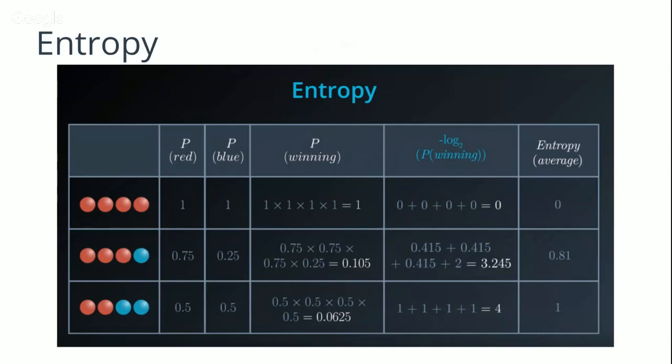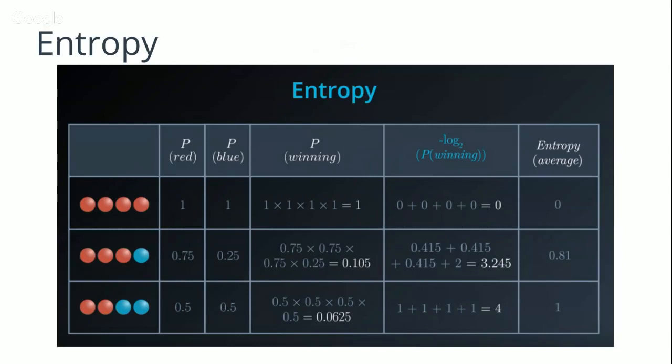So if we know for certain what the result is going to be, the entropy is 0. If we are extremely uncertain, the value is closer to 1 for the average entropy. That's what we want as the final result here. And we would prefer the model that has smaller entropy.